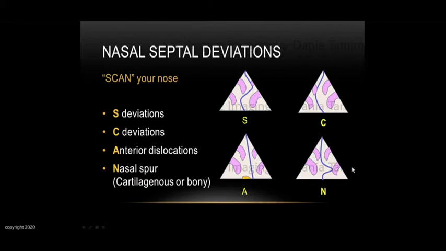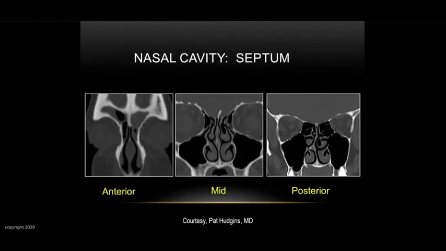And all of these will change the dynamics of the flow of the breath into the nose, and may even cause an obstruction on one side of the nose. And it's important for us to look through the imaging of the nasal septum at every level to identify these spurs and the location in which they occur.